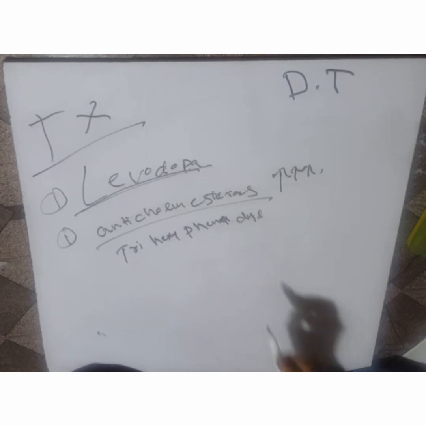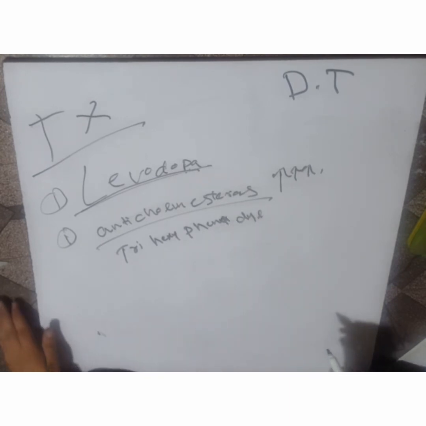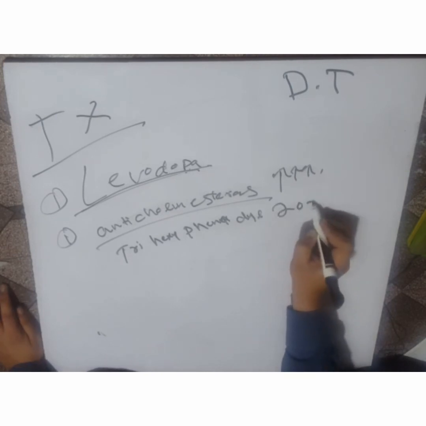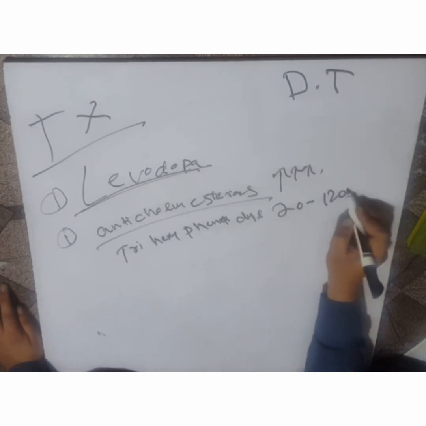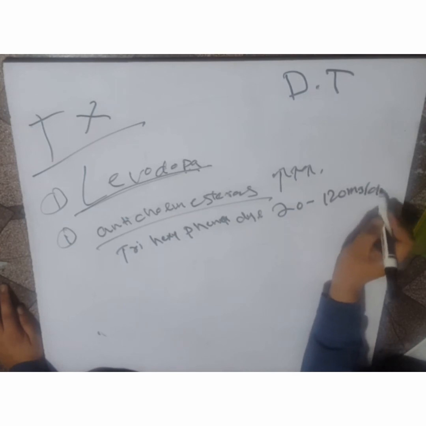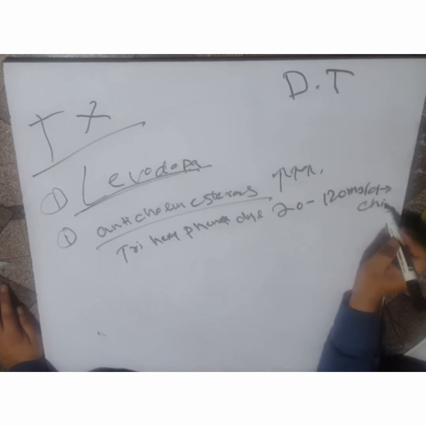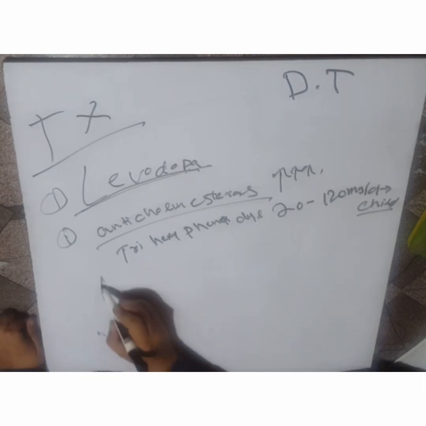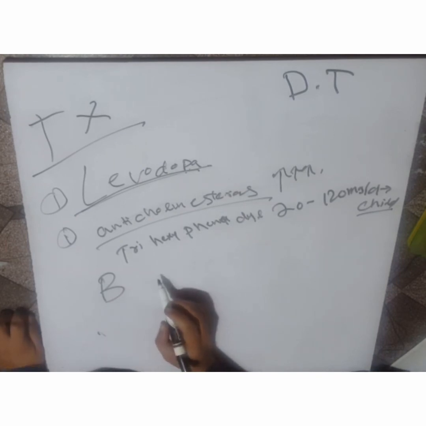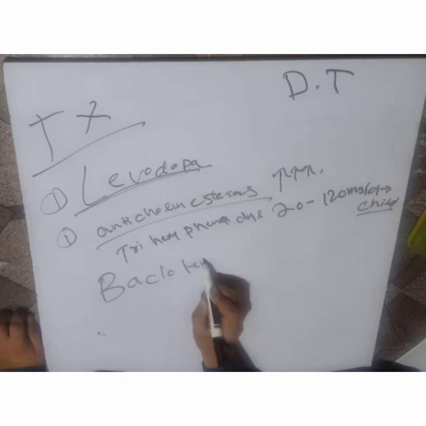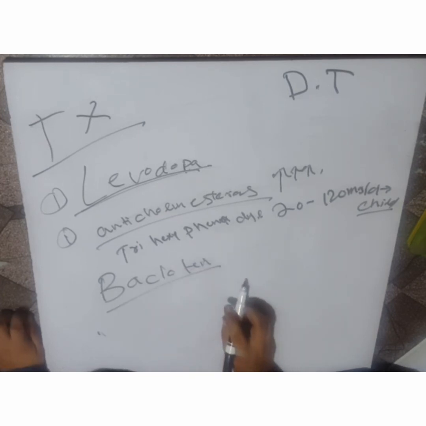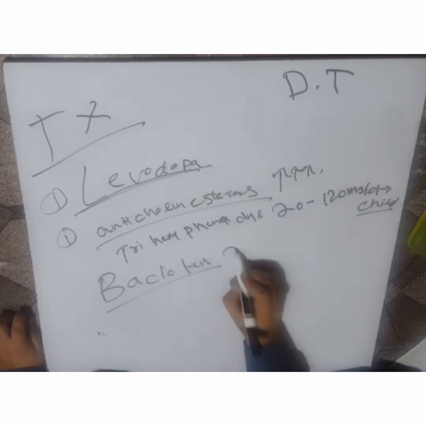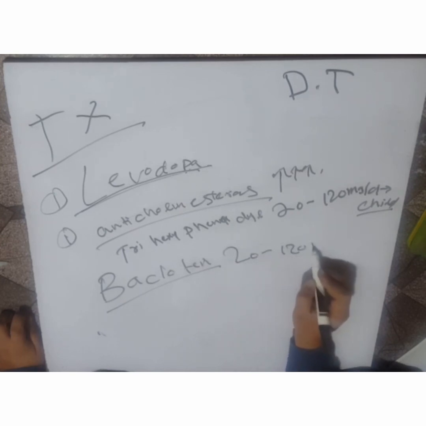The dose is 20 to 120 mg per day for children. Baclofen can also be given. There is toxicity of baclofen, but we can give it, at 20 to 120 mg.